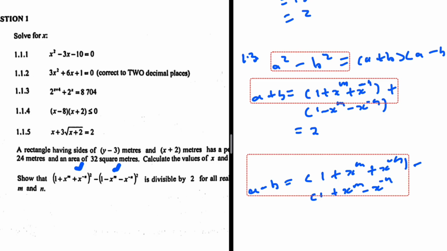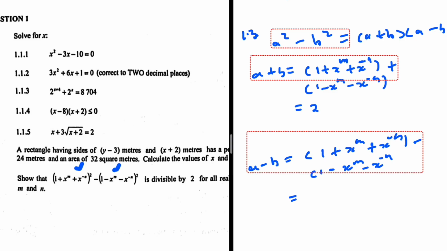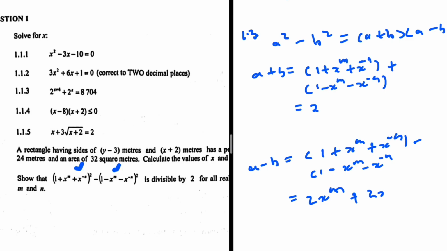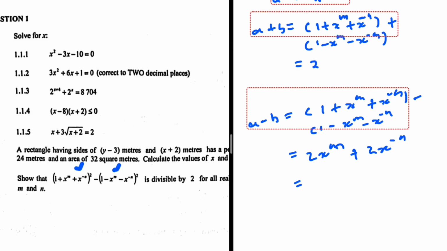Here we have a minus sign, so minus. Okay, there we go. So a minus b will then be equal to 1 minus 1 is 0, and then x to the m minus minus x to the m, that is 2 x to the m, and then plus 2 x to the minus n. So a minus b is just equal to that.